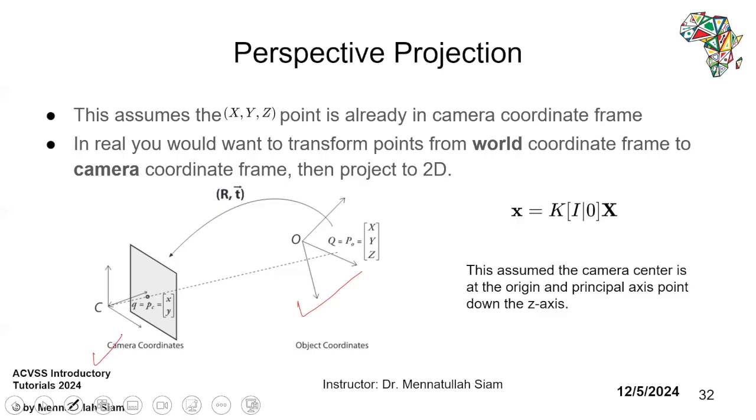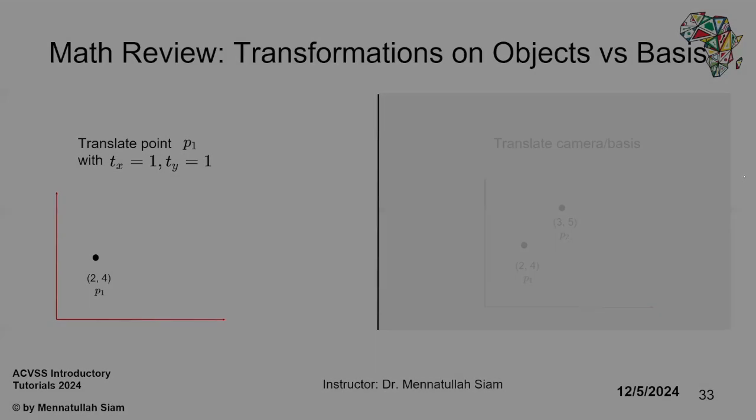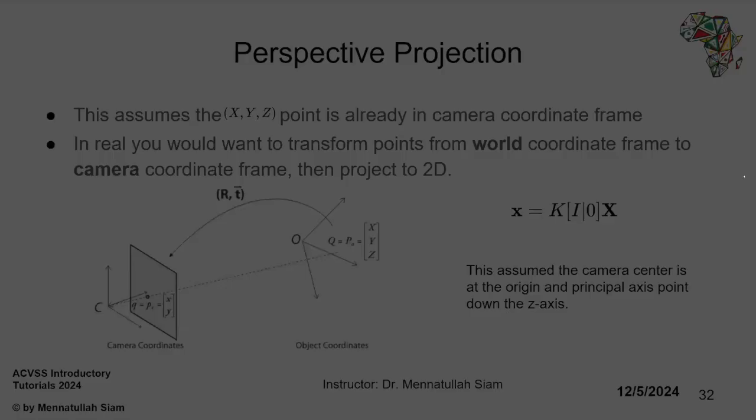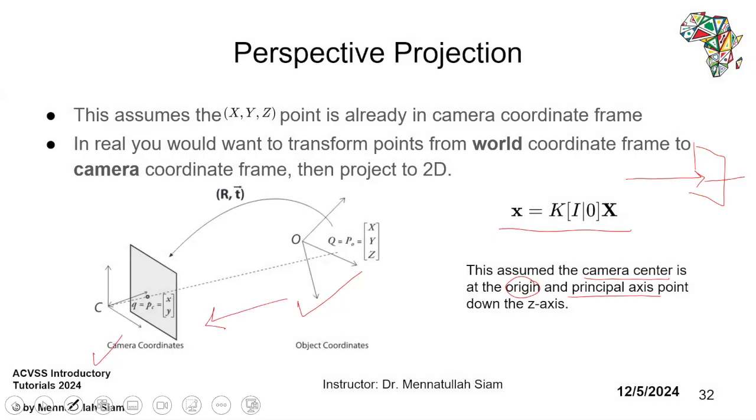Here we assumed the camera center is the origin, and that the principal axis, which goes out of the camera center perpendicular to the image plane, looks down the z-axis. So the depth is estimated there. Now we're going to make sure that we go from here to here, from the world coordinates to the camera coordinates.